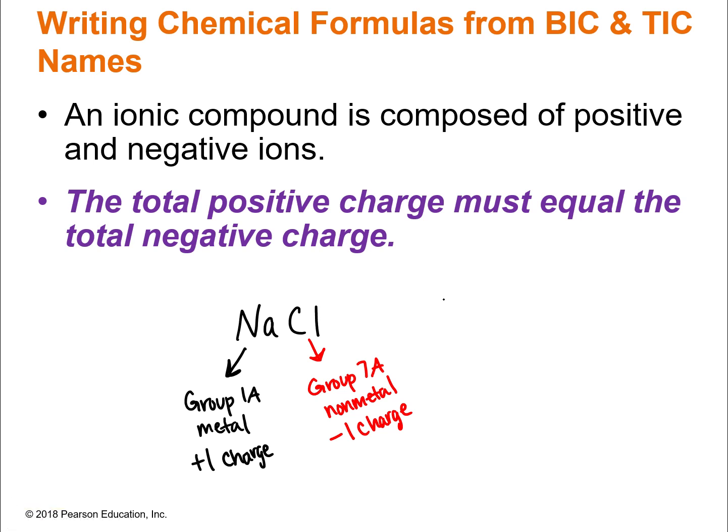If I looked at the charges for these, I'd have +1 from my single sodium ion, and I'd have a -1 from my single chloride ion. And when you add those together, you get 0, which is the total charge.